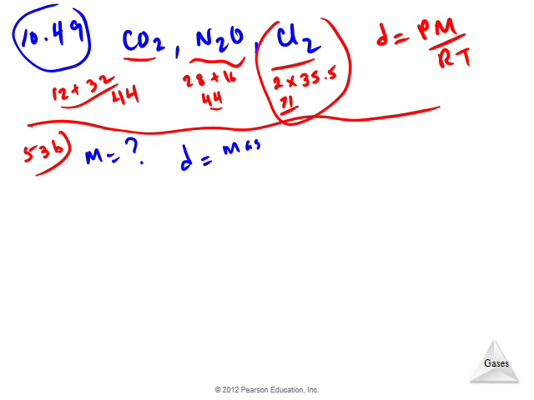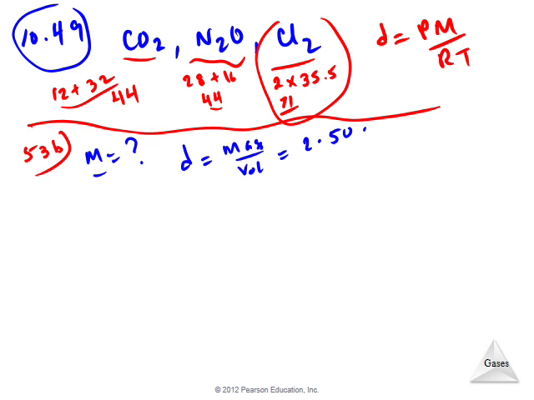Mass of the gas over volume. Now don't get confused between this mass and molar mass. Molar mass is gram per mole. That's basically molecular weight. And this mass, they already gave you, 2.50 gram.